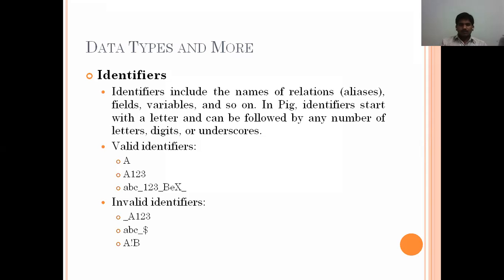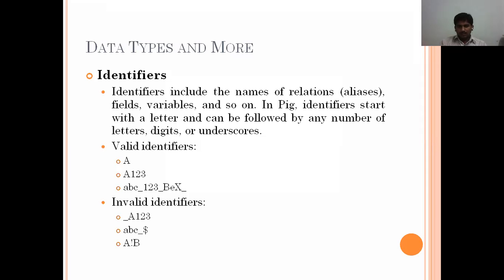For example, if I write int A, what is A identified as? Whether it is identified as a keyword, a variable, or whatever it may be, those things are mentioned by using identifiers.